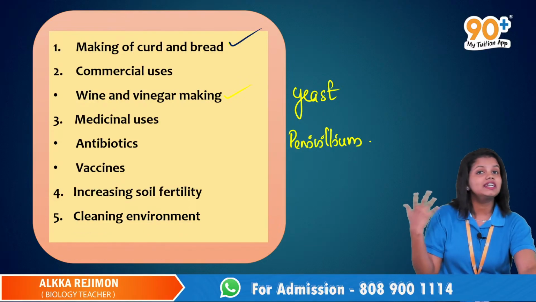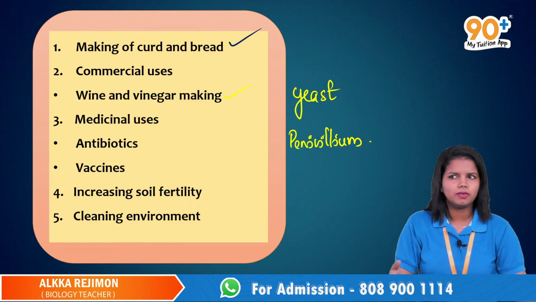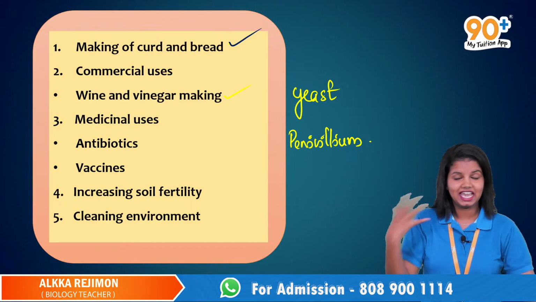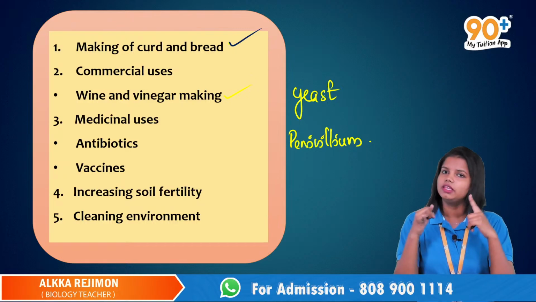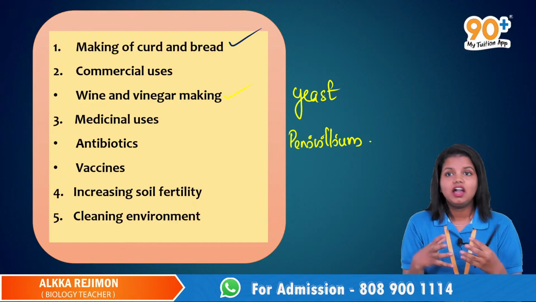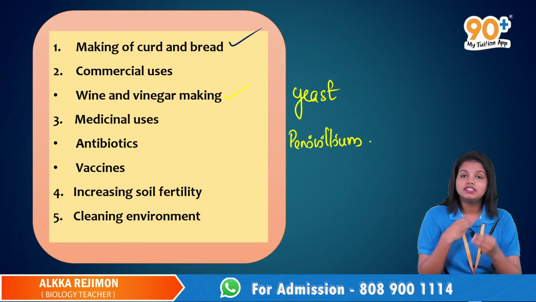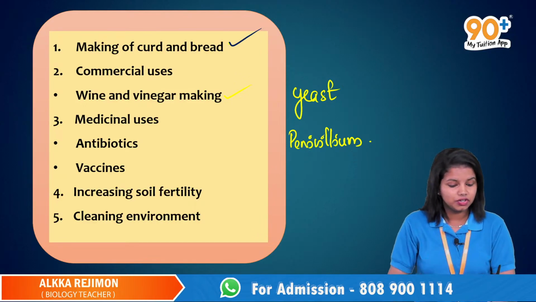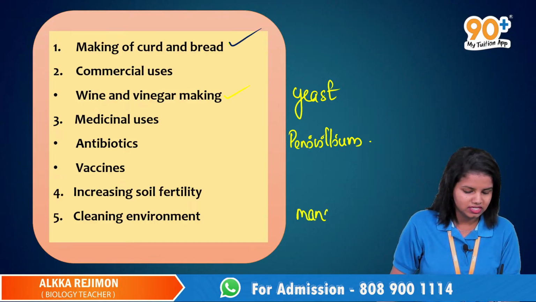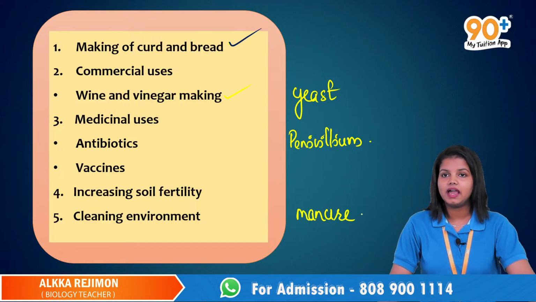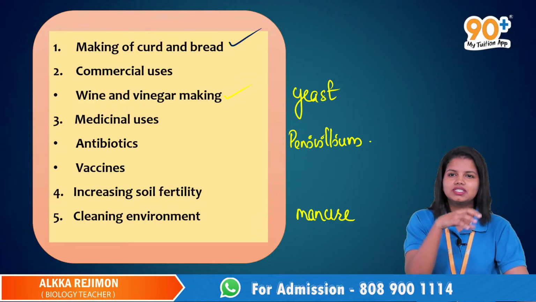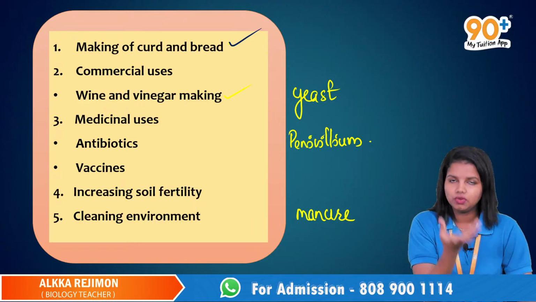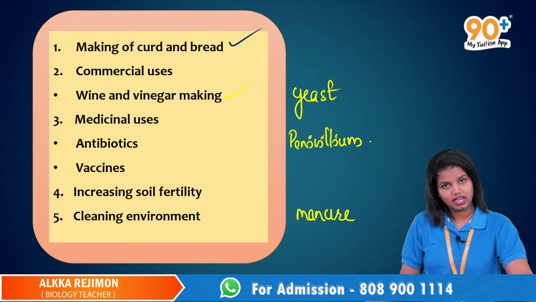And finally, cleaning the environment. I hope you're remembering it. All the biological waste, all the animals and plants, once they are dead, will be converted into what? I hope you remember this term: manure. Yeah, all the organic waste is converted into simple forms called manure by the microorganisms.